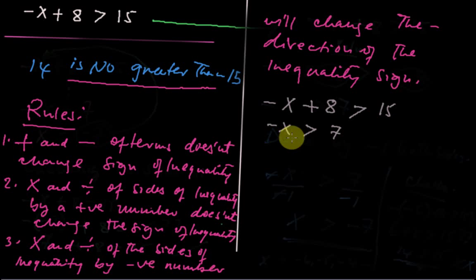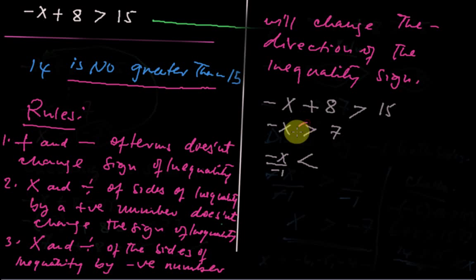So if we are dividing by negative 1, or multiplying by negative 1 so that we have positive x, then negative x divided by negative 1 is not now greater, because we have divided already by negative 1, so this changes the sign.